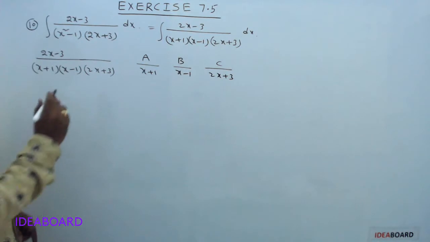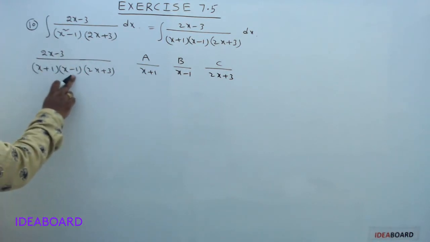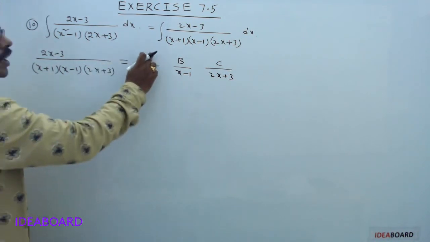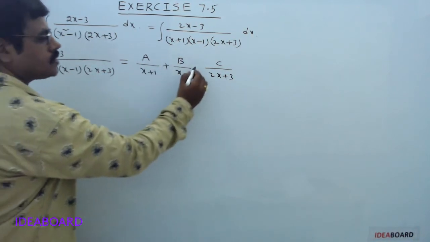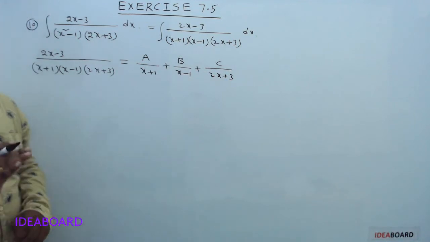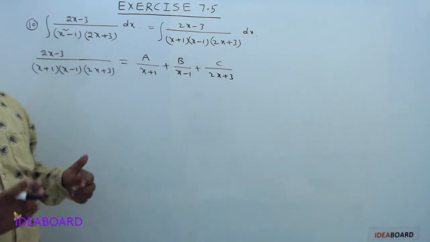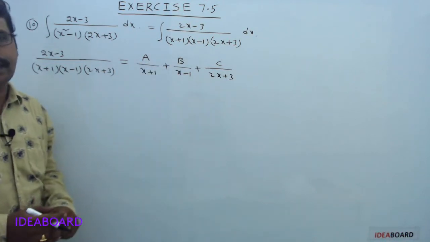Take it as c. So 2x minus 3 divided by x plus 1 into x minus 1 into 2x plus 3 equals a divided by x plus 1 plus b divided by x minus 1 plus c divided by 2x plus 3. Here a, b and c are the unknown values. Now find the values of a, b and c.